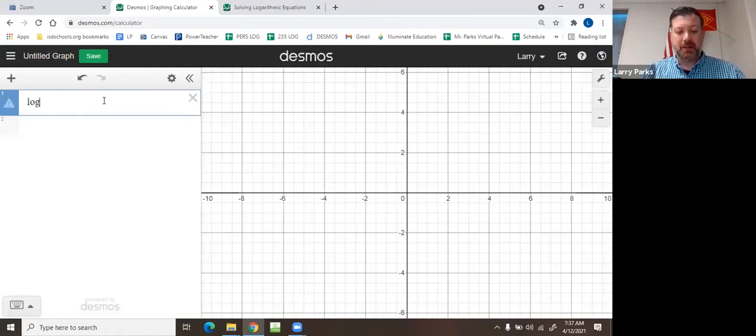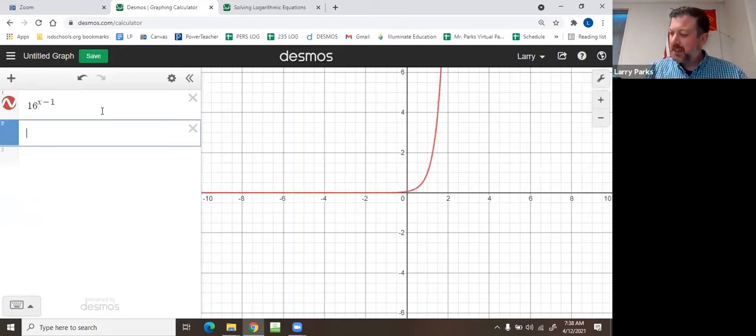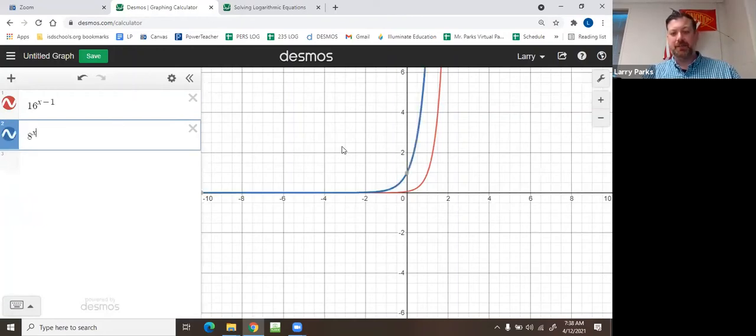So you type what was on the left, it was 16 to the x minus 1. And on the right was 8 to the x. And then you could look to see where they intersect.